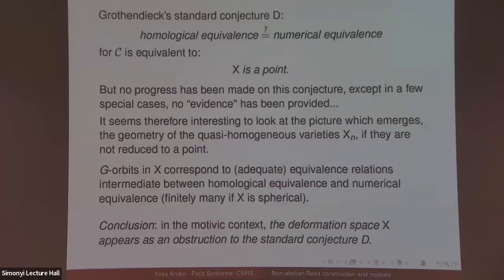They are not even totally ordered, but they correspond exactly to G-orbits in X. This gives a kind of geometric picture. So in conclusion, in the motivic setting, the deformation space X appears as an obstruction to the standard conjecture, under the assumption that the Künneth components are algebraic, which I shall comment on later.